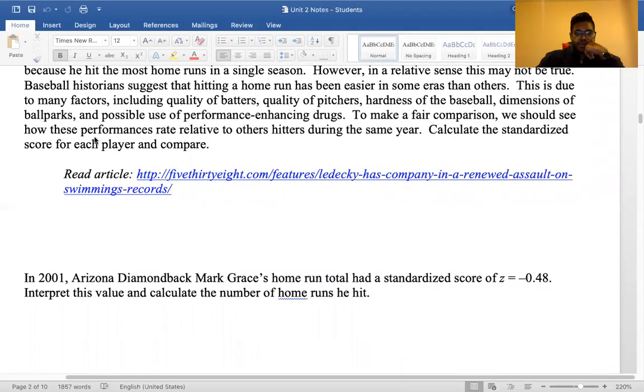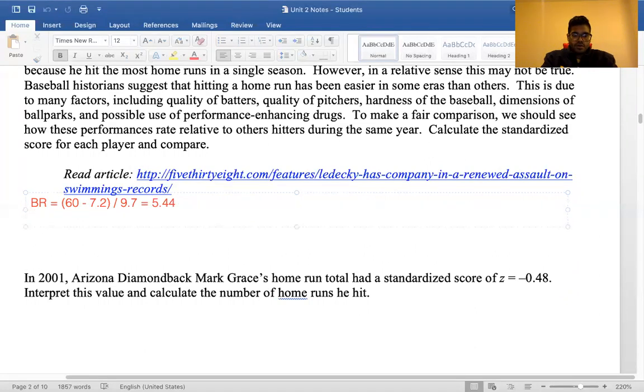We can do this a couple ways. The first one, Babe Ruth is going to equal 60, so that's your x, minus 7.2, in parentheses, divided by 9.7, which is your standard deviation, and that is 5.44.